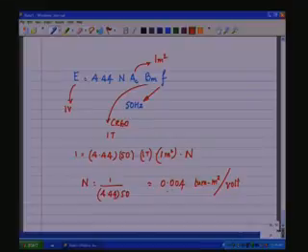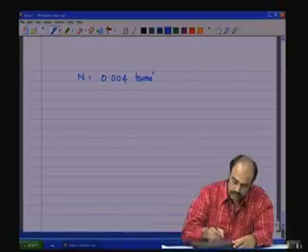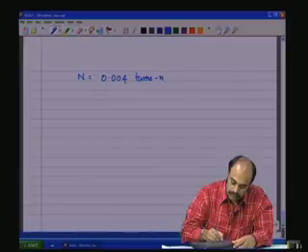This would be an approximate thumb rule which will give you at least a figure of the order of magnitude of the turns that you would be applying. So, N is equal to 0.004 turns meter square per volt.